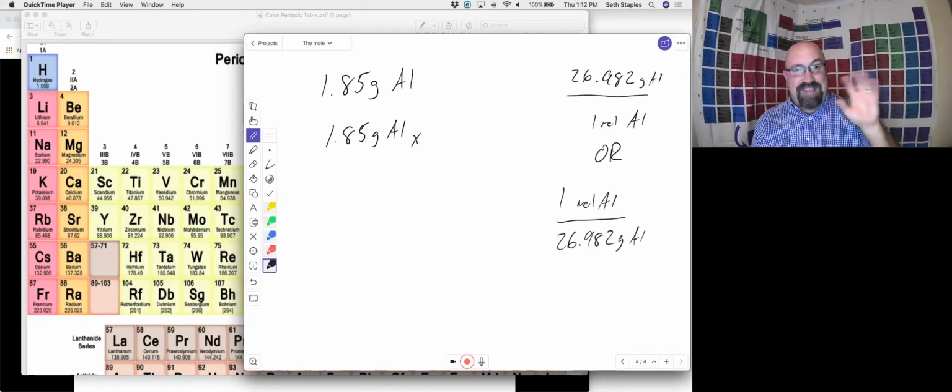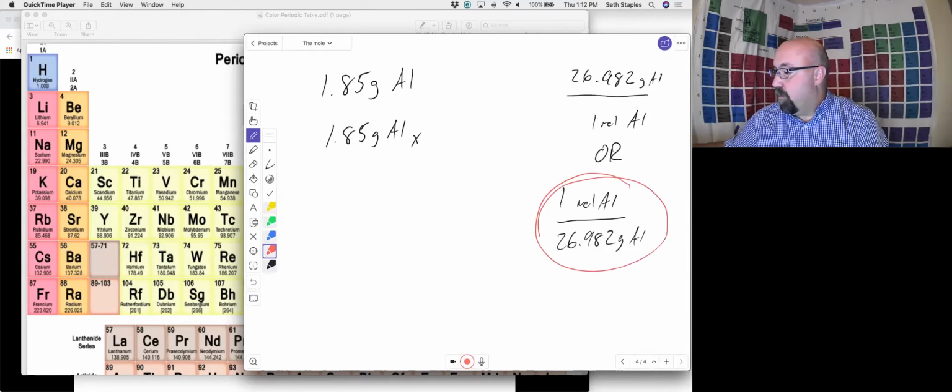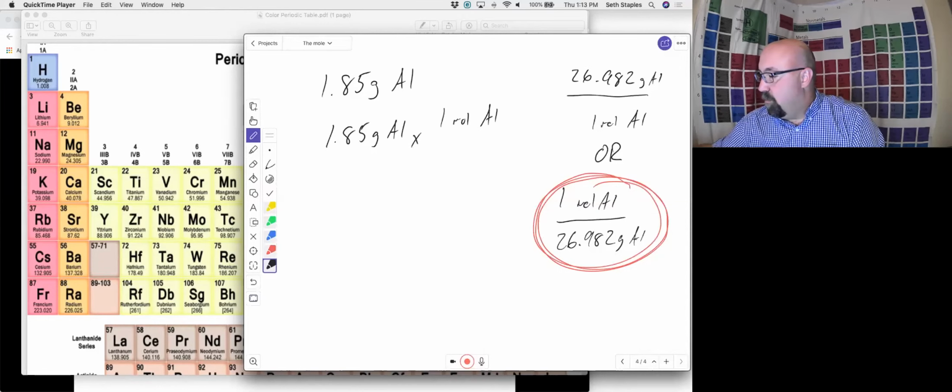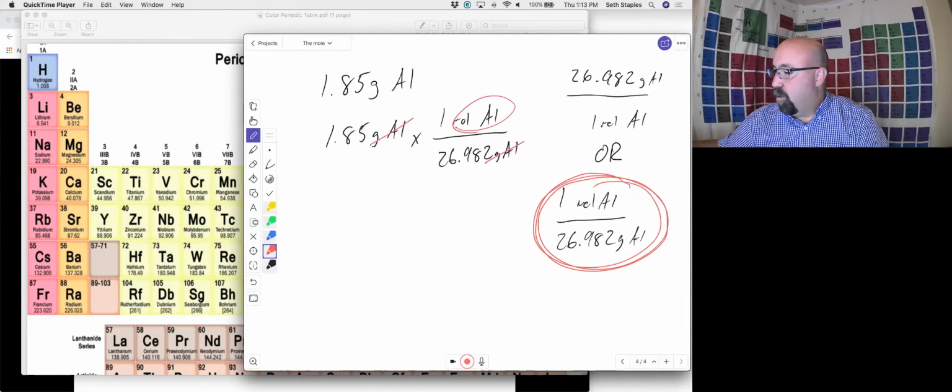And so we're going to use our conversion factor in whichever way we need for our units to cancel out the ones that we want to disappear and to be left with the units that we're looking for. And so that tells us that we want to use this form of the conversion factor for molar mass. That way our grams will cancel out and we'll be left with moles. So 1 mole of aluminum per 26.982 grams of aluminum. And again, we can see grams of aluminum will cancel out. We'll be left with moles.